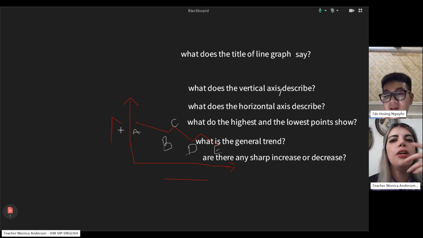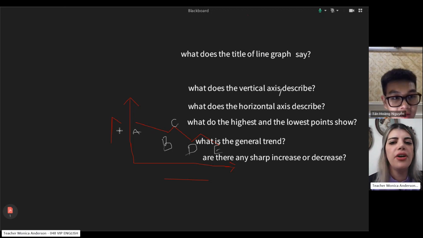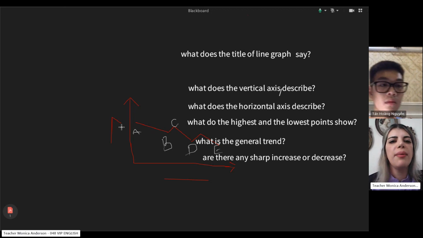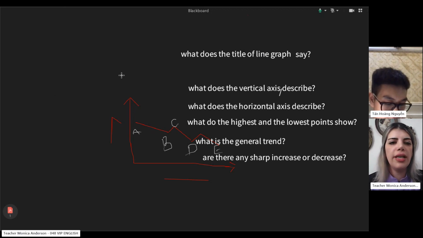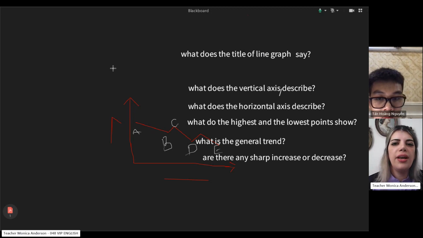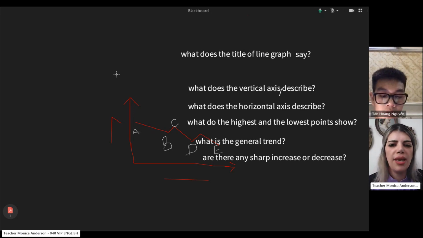I didn't bring it. Okay, we can do this together. When we do this together, you will figure out everything about line charts so that you can do your school task. Let's try to write this together. And if you have any questions about your school assignment, you can ask me, okay?